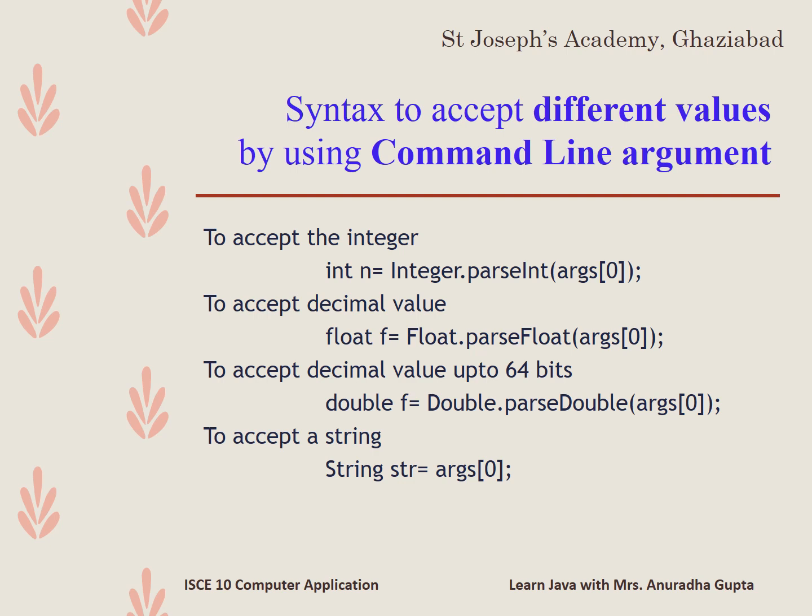Next, for a short range decimal value, Float.parseFloat(args[0]). For a decimal value with a wide range up to 64 bits, Double.parseDouble(args[0]). And for accepting a string, args[0]: whatever is present at the 0 position in the args array, that we get as a string.